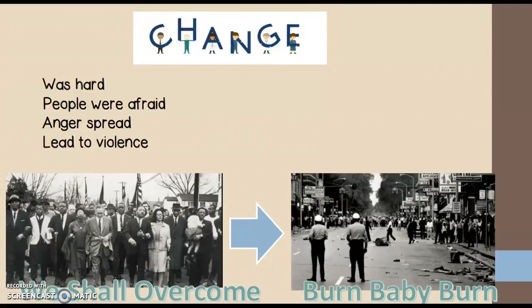And over time, this led to violence. And their original peaceful protesting that Martin Luther King promoted and encouraged, that changed into forceful, violent activities. "We shall overcome" changed to "Burn, Baby, Burn."